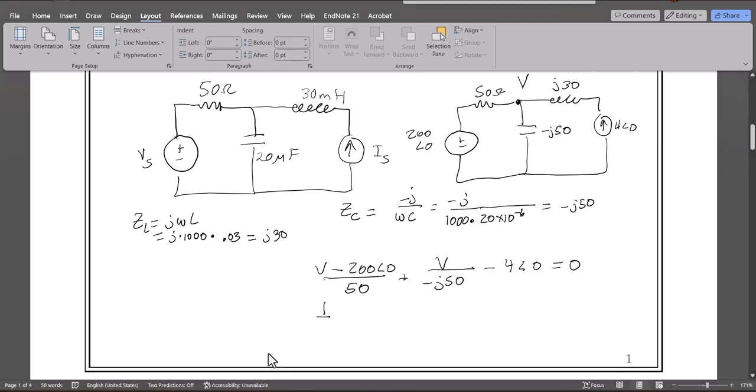So this is 1 over 50 times V minus 200 plus 1 over minus J50 V equals 4.